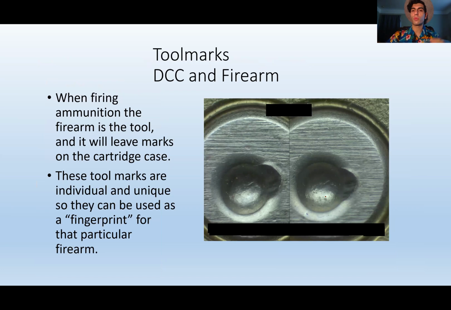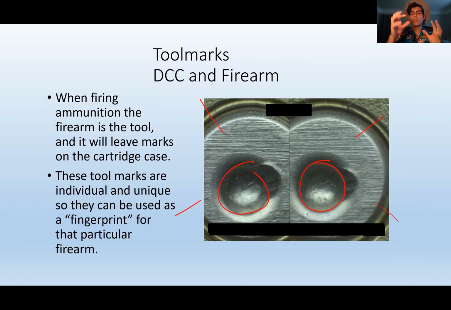It's simply the breech face imparting its hard surface onto the softer cartridge case. So we have here a firing pin impression right here that we can compare. We might have some drag marks on the sides here. And all of that is coming from the breech face or the ejection apparatus from the firearm.